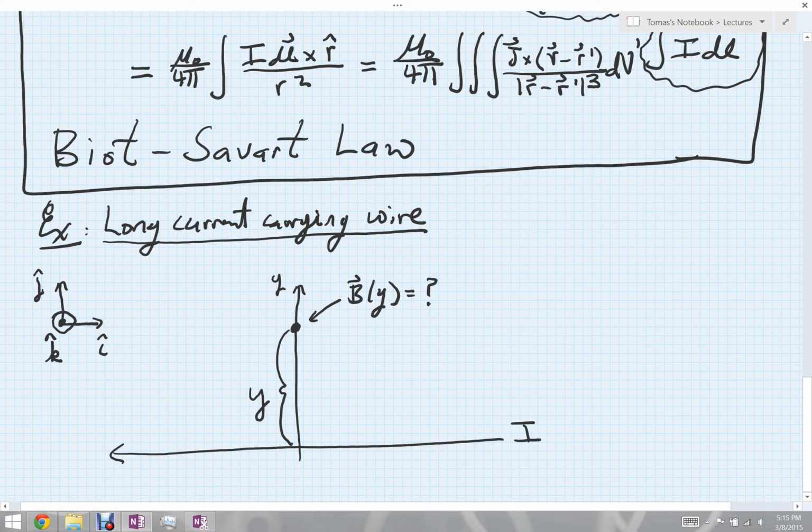Now, here's the procedure that we are going to want to follow. We're going to begin with Biot-Savart. So I'm going to write that down. I'm going to want the magnetic field, and I'm going to try to compute it using this standard form for the law. So let me slide. I'm just going to copy this form down here and begin working with it.